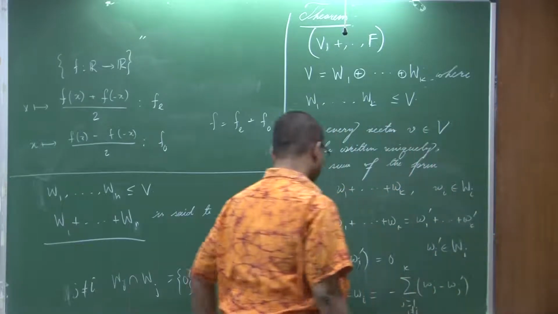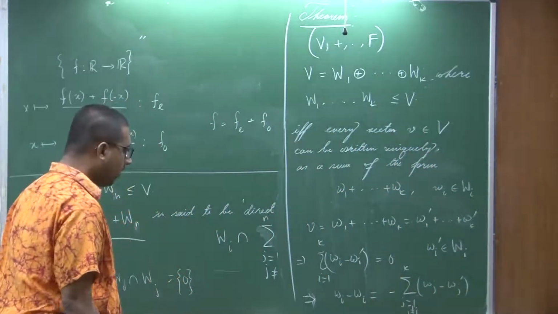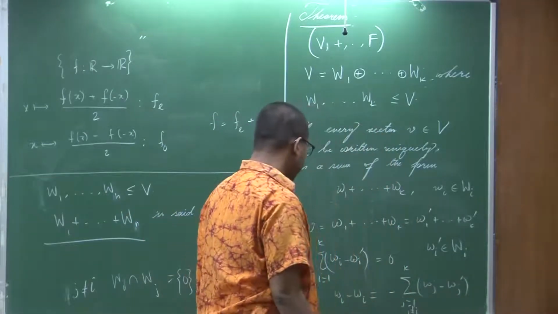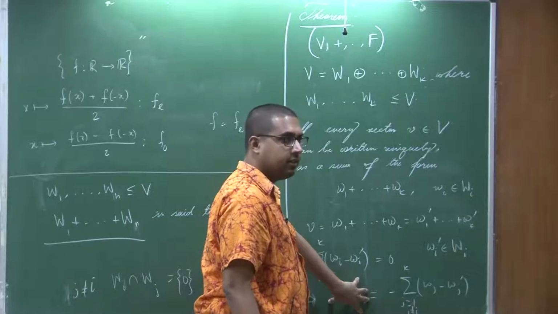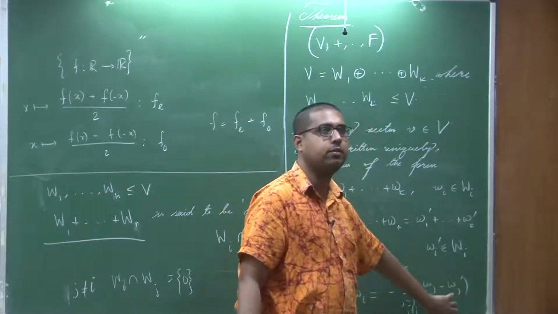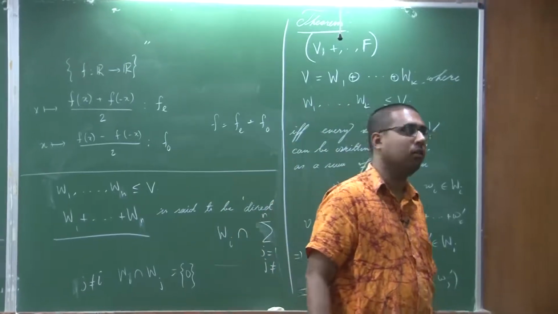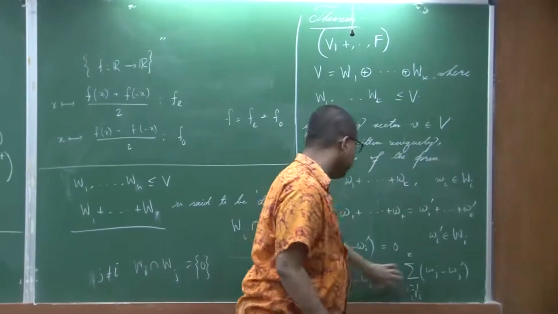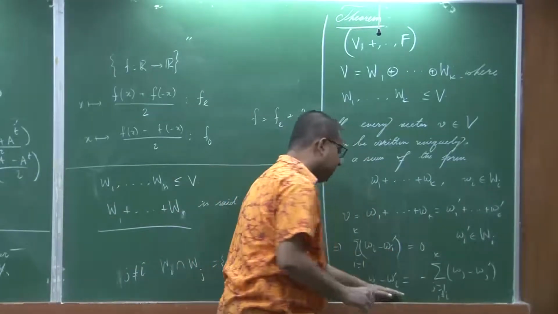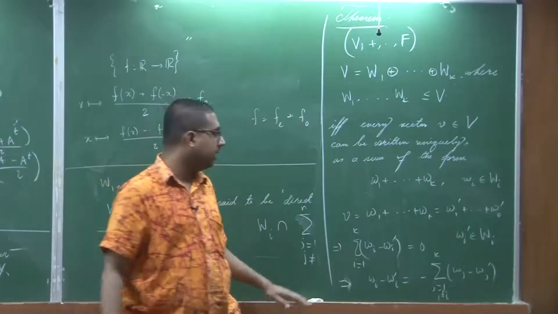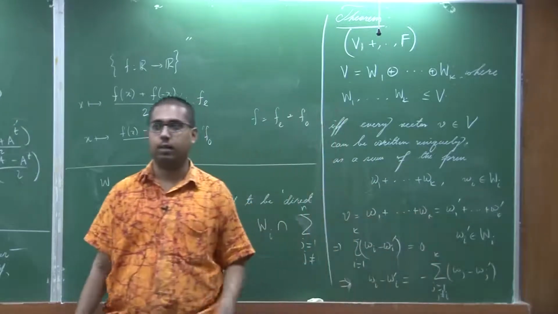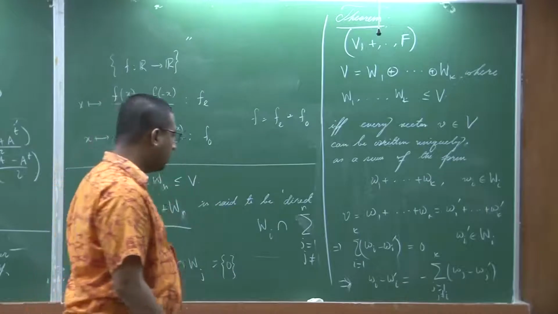Since the sum is direct, the left hand side lies in Wi, whereas the right hand side lies in the sum of the other Wj's. Since the sum is direct, both sides will be 0, therefore wi will be equal to wi prime for any i. So that shows that the representation is unique.